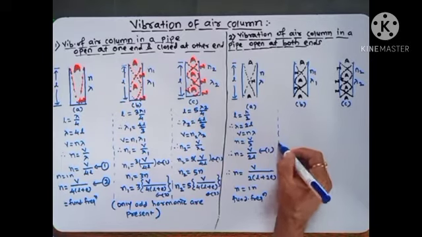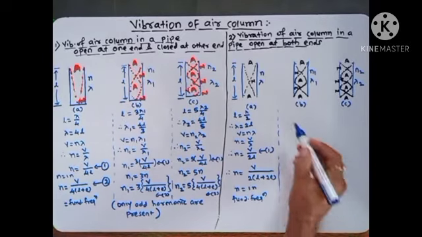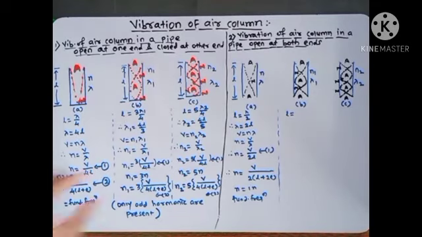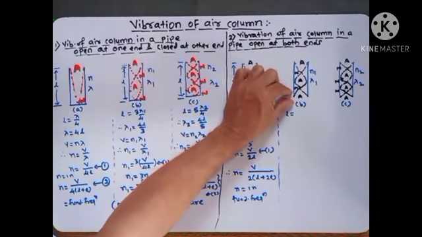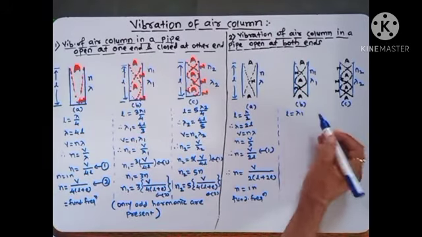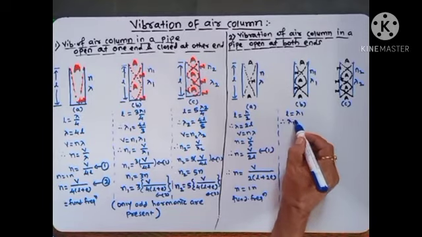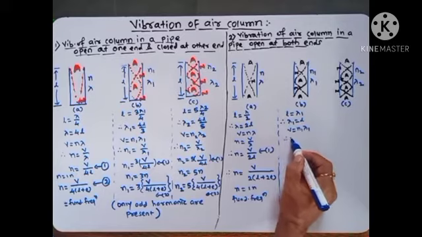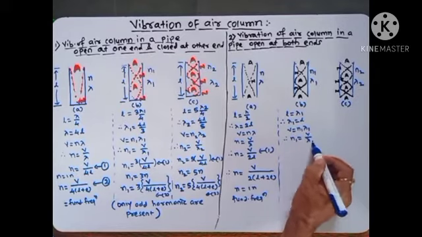Now we will write for the other cases. Here you see, L is the length of the pipe. Then this half is one loop, and this means two loops, and the length of two loops is always equal to the wavelength. Therefore L equal to lambda 1, or lambda 1 equal to L. V is equal to N1 lambda 1. Therefore N1 is equal to V upon lambda 1.